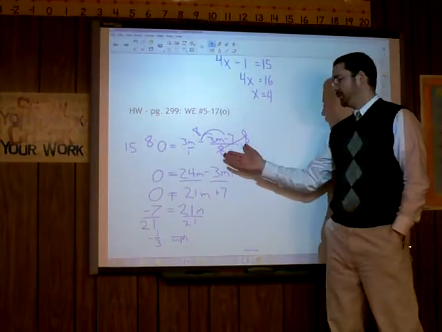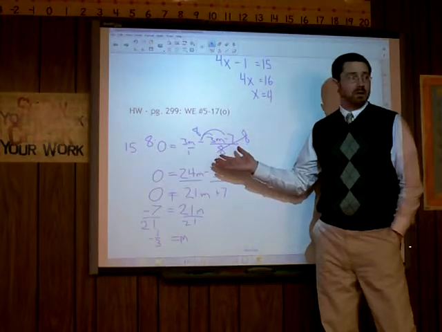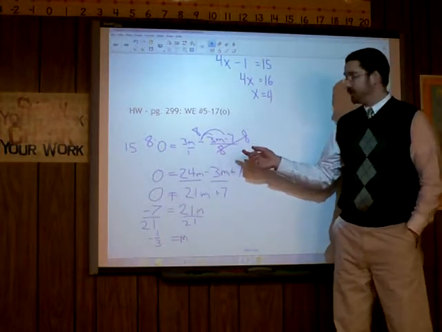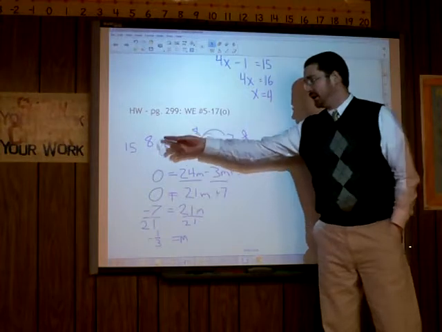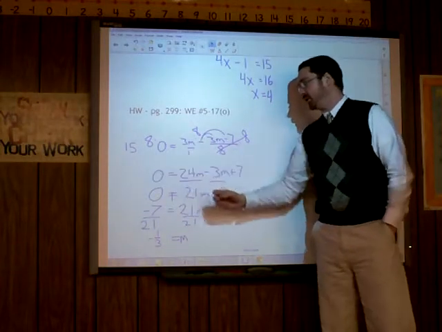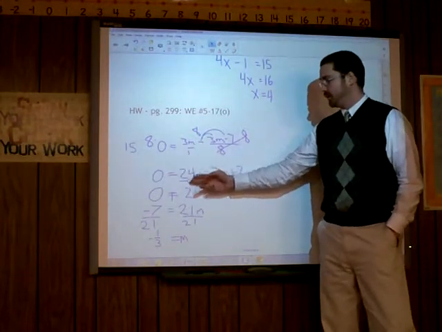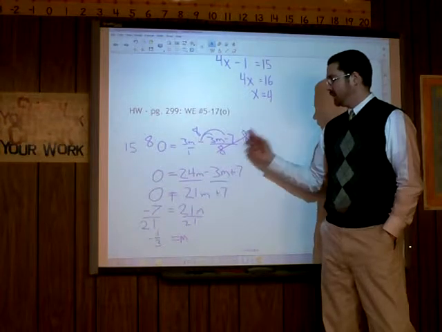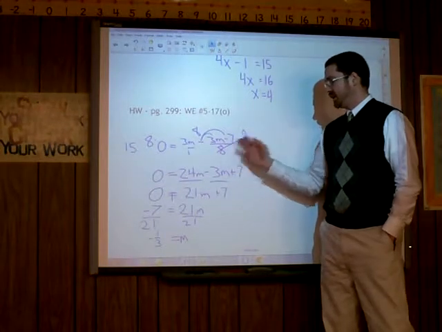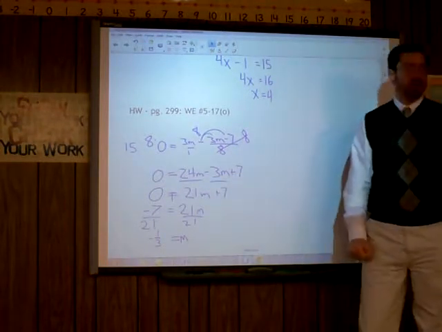Since there's only one fraction, 8 would be the common denominator. So if I multiply everything by 8, 0 times 8 is still 0, 3m times 8 is 24m, and then multiplying by 8 here simply cancels out that 8 in the denominator.